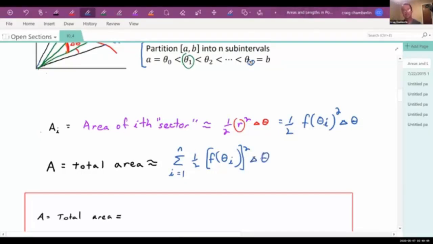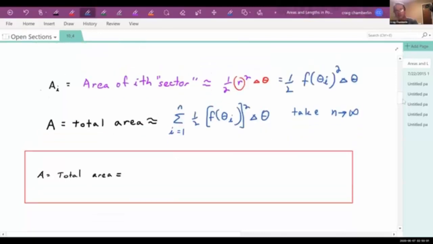And then the idea is to take the limit of, okay, it's a Riemann sum. Take the limit as n goes to infinity. If that limit exists, we call that an integral. And we use this symbolism, which shouldn't surprise you.